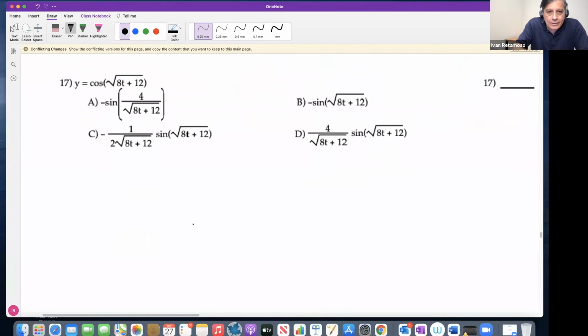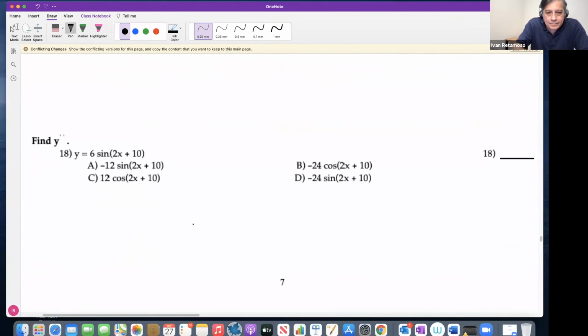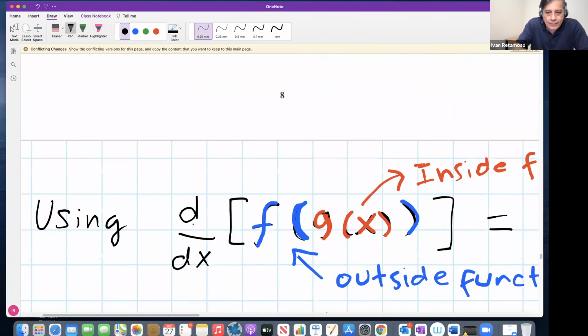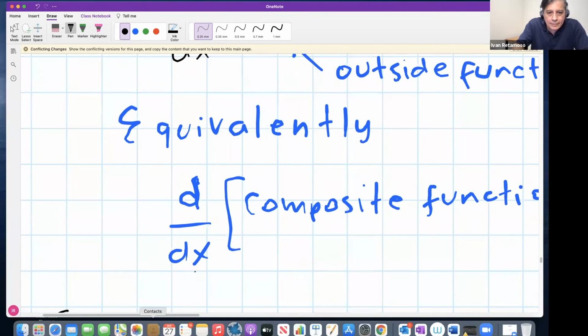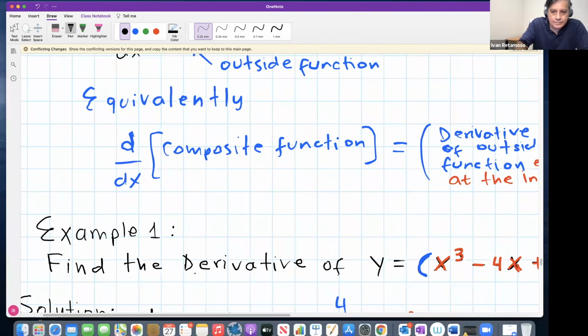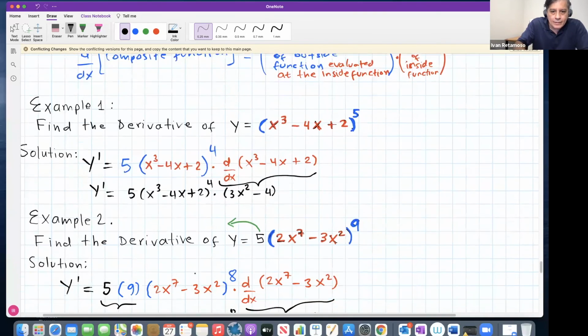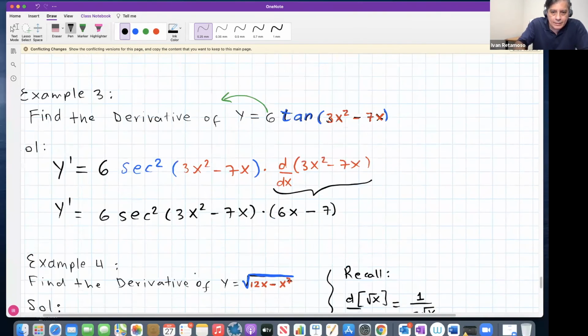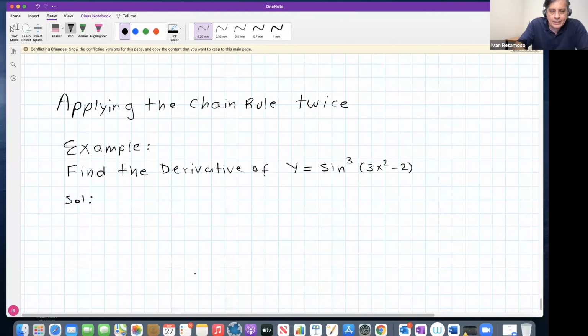Okay, so going back to our notes, you can see here that there is one exercise here at the end. It says applying the chain rule twice.